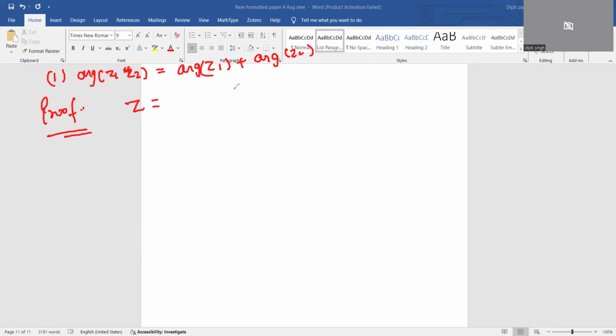In polar form, the complex number can be written as Z equals R e to the power I theta. So let us take two complex numbers, Z1, which is R1 e to the power I theta 1, and Z2, which is R2 e to the power I theta 2.